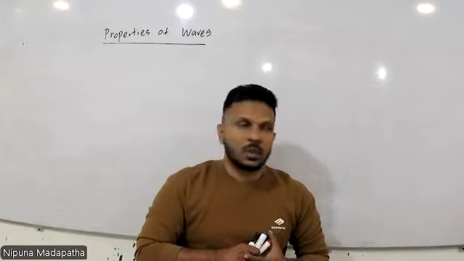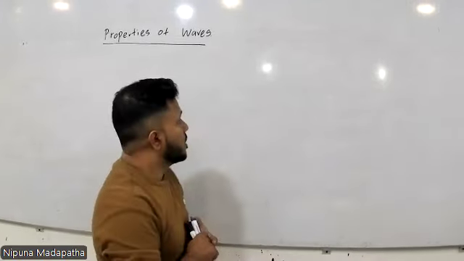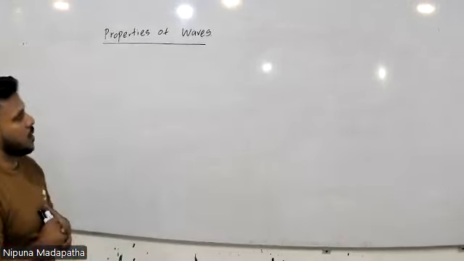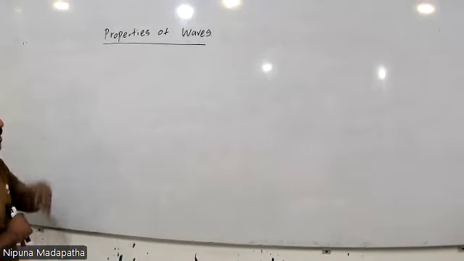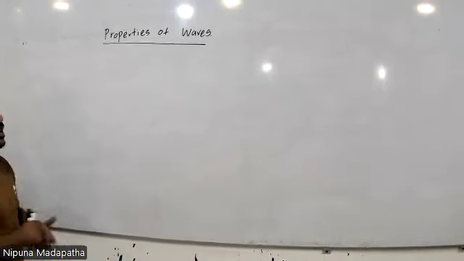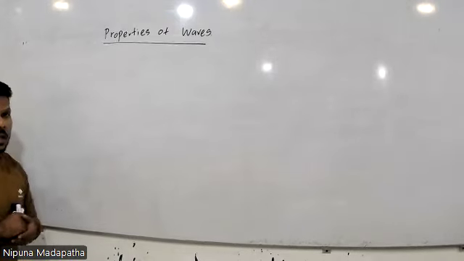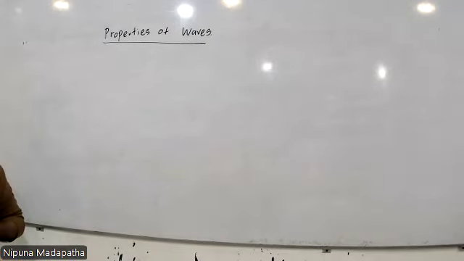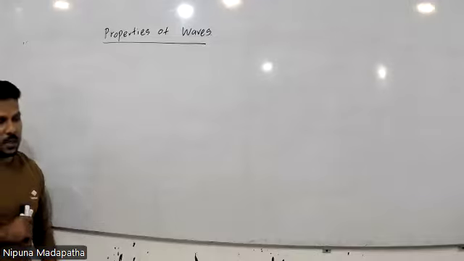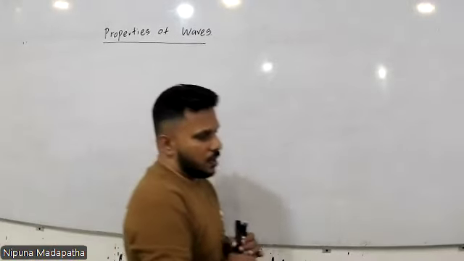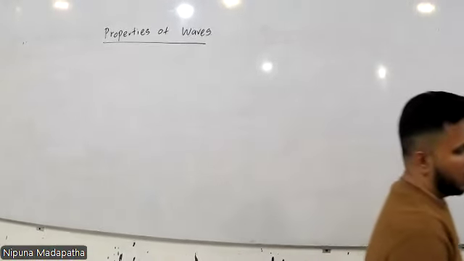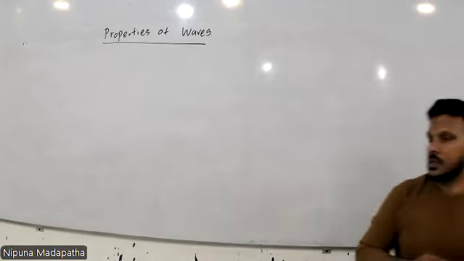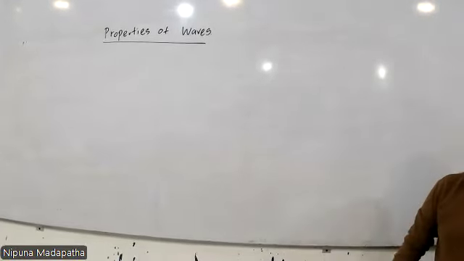So we are going to learn what these phenomena are. What is interference? How do two waves get interfered and what happens thereafter? And reflection and refraction will be revised again next day when we start optics. They are properties of waves.